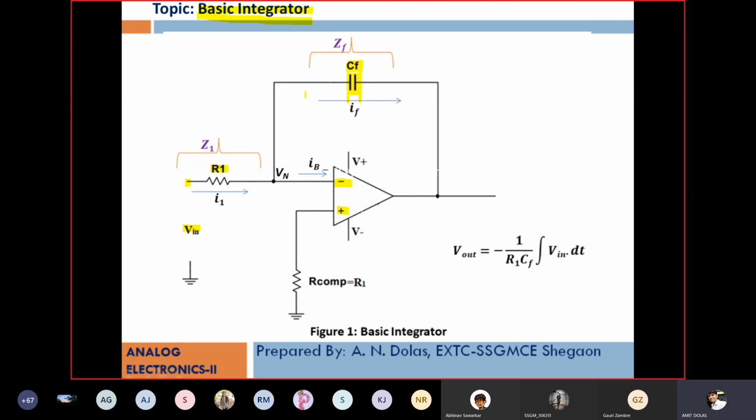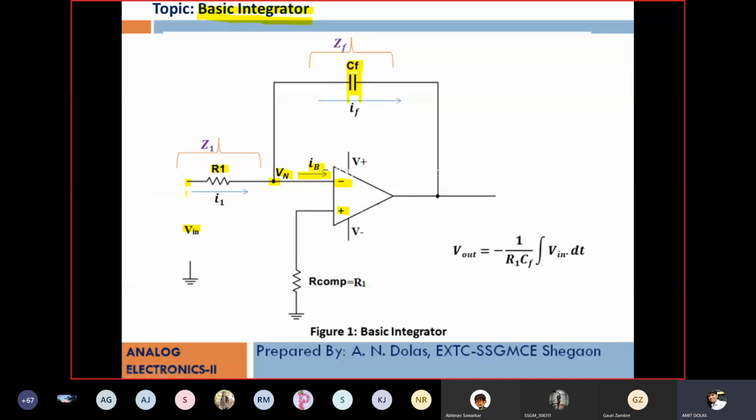So let's see. This is the node Vn. We need, in the analysis of this circuit, the voltage of this Vn. Then IB is the current passing into the op-amp, which will of course be 0, assuming an ideal op-amp. As I mentioned, wherever you analyze a certain op-amp circuit, you have to consider all ideal characteristics.